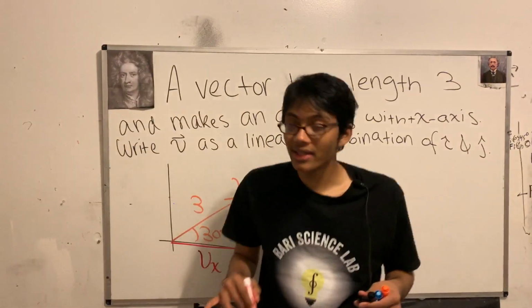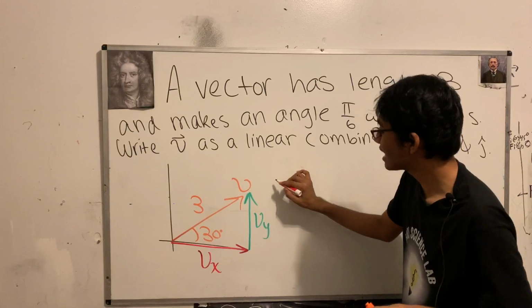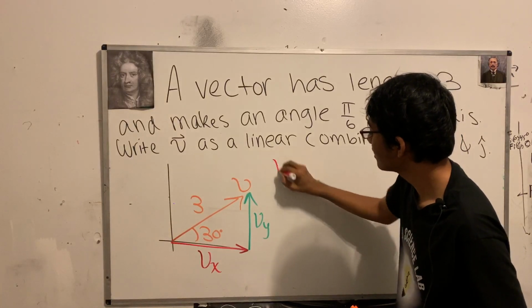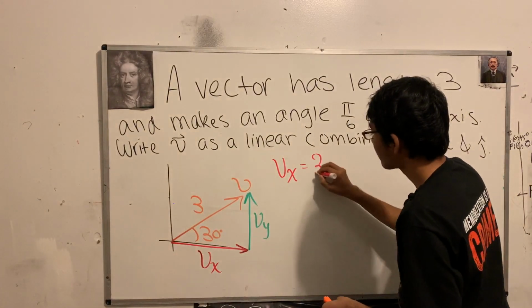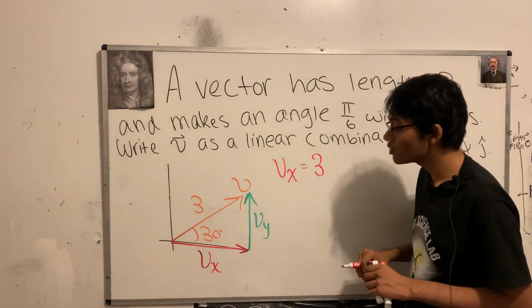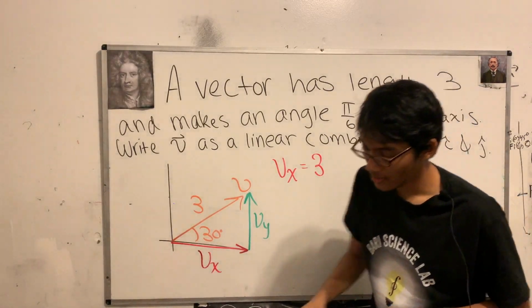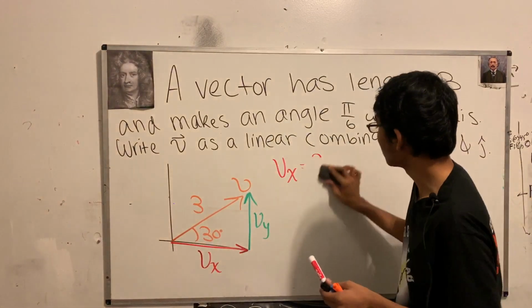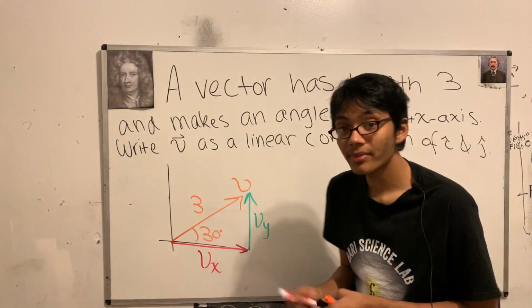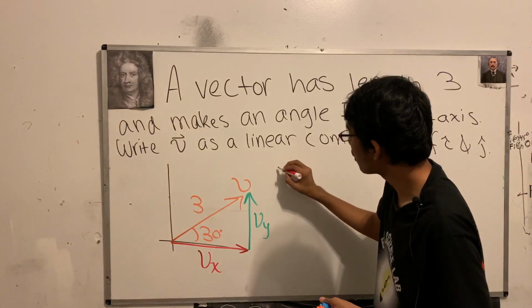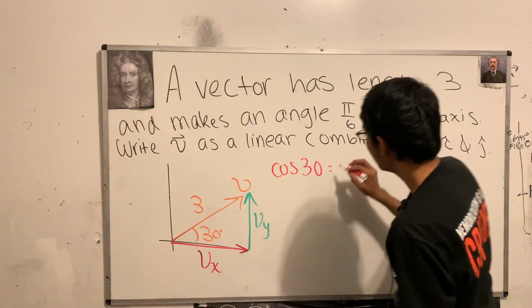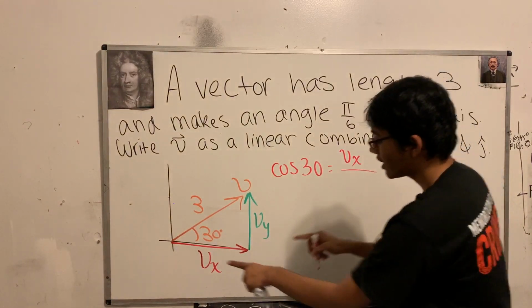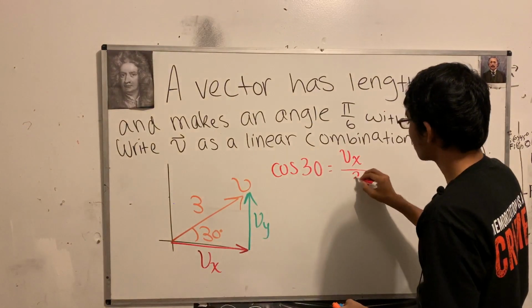So how do we find, first of all, the horizontal component? Well, vx is going to be the length of our vector, 3, but be careful, now we have to use a trigonometric function. And what function are we going to use? Well, I'm going to be using cosine. Cosine of 30 is adjacent, which is the horizontal component, over the hypotenuse, which is 3.